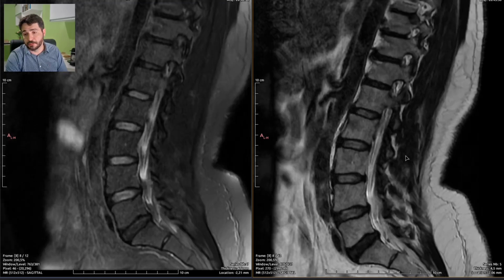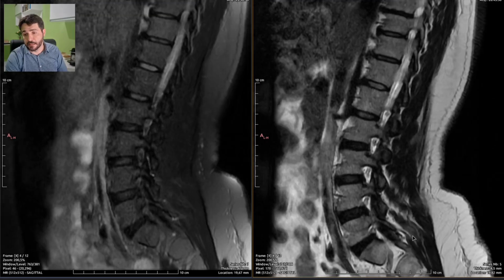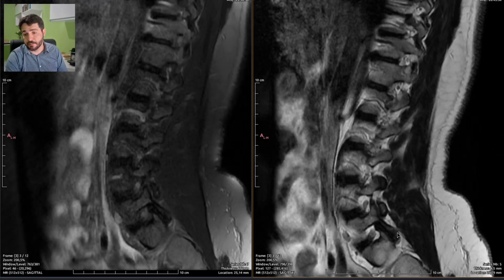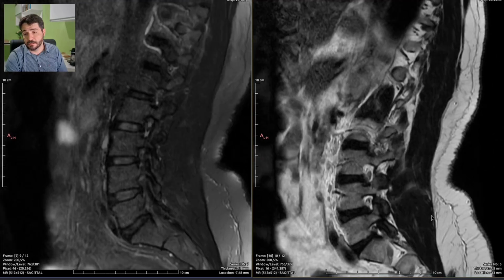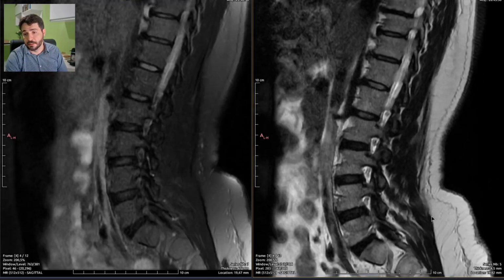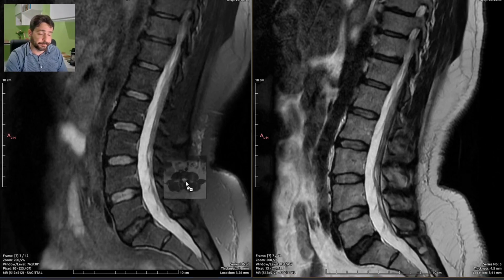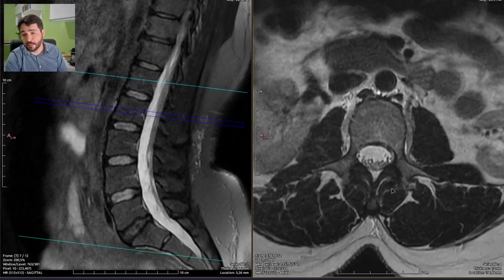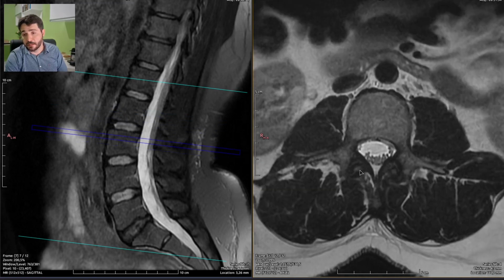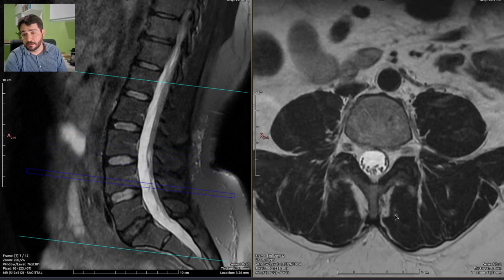without much trouble. So there is arthrosis, mild arthrosis of the facet joints, as expected. So mild arthrosis, there is thickening of the yellow ligaments. Yep, they are thickened.